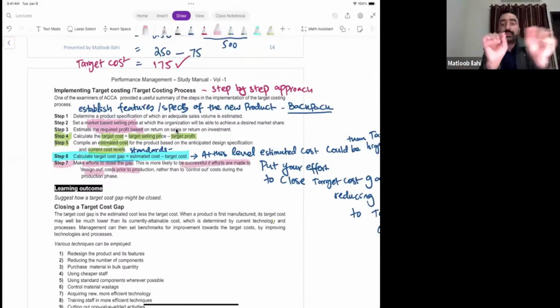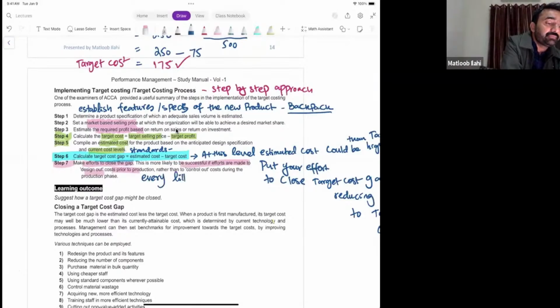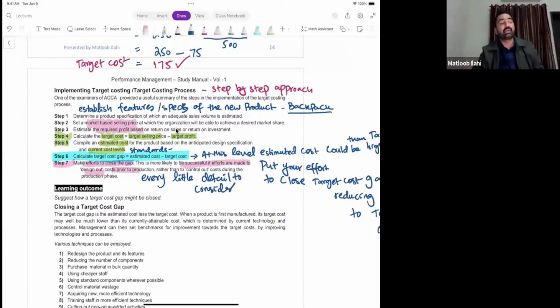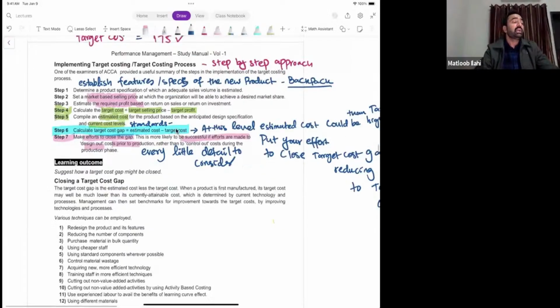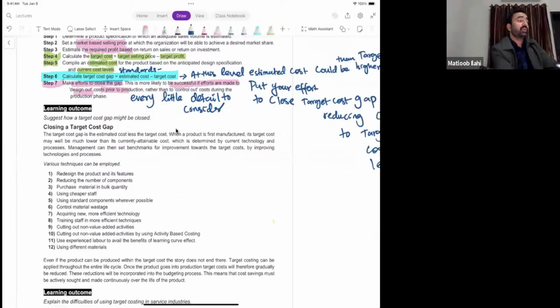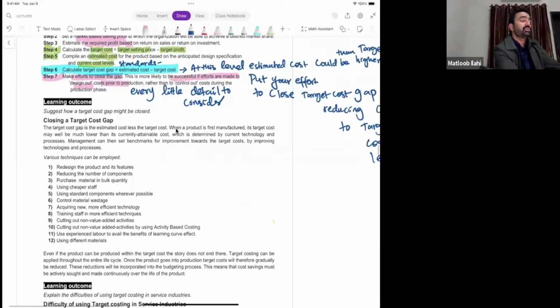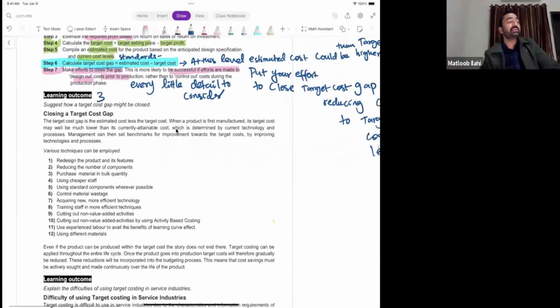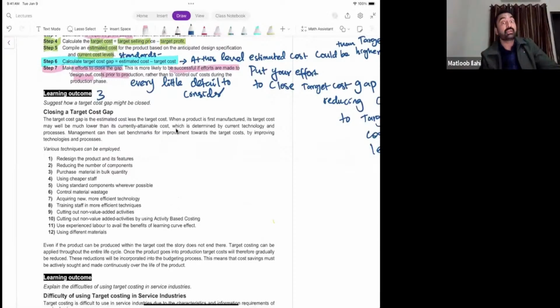You have to look at every little detail to cut your cost and cut your target cost gap. And this is the learning outcome number 3. That's how to close the target cost gap.